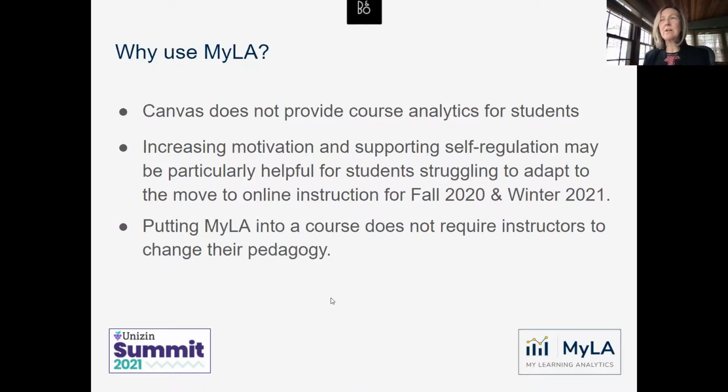I know students have talked about how Canvas has become a black box for them during remote learning, where they just turn stuff in, throw it at the black box, and wait until they get a grade report back. So this really helps them think about, am I doing what I need to do? Am I keeping up with the workload? Am I keeping up with the students who are like me and have the same goals as me?